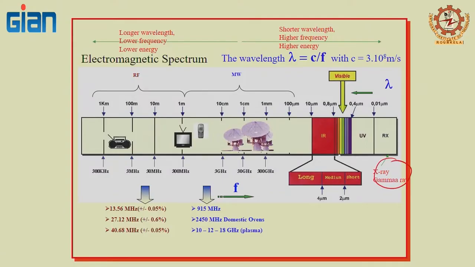The other end of the spectrum is your radio frequency wave and then microwave. You can see here the wavelength is 1 millimeter, 1 centimeter, 10 centimeters, and so on. As the wavelength increases, the frequency decreases, so they go in opposite directions.